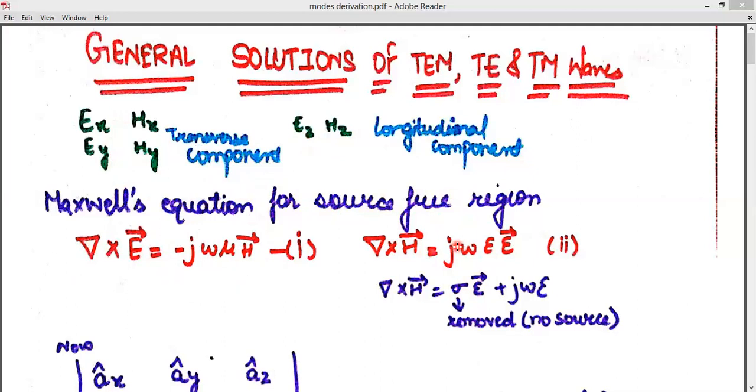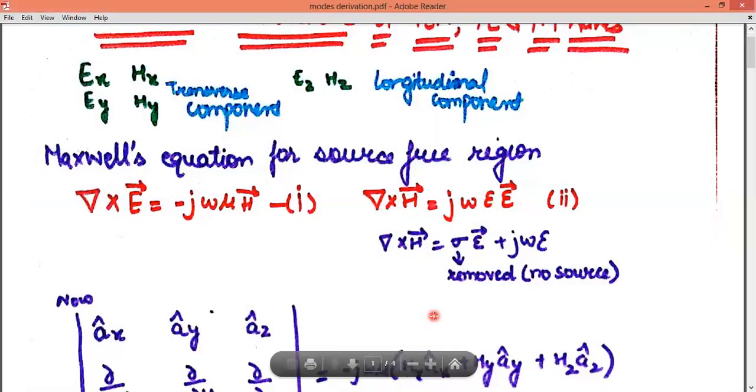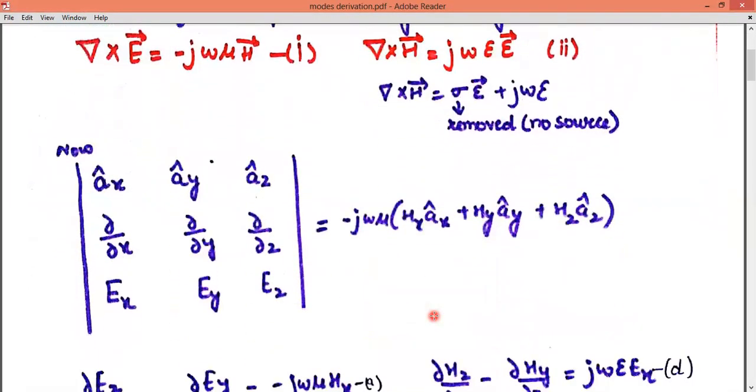Okay. Now, both electric and magnetic fields have three components. We will write these equations in terms of a cap x, a cap y, a cap z, and we have to write these components; this will be the electric field components, and this will be the magnetic field components.